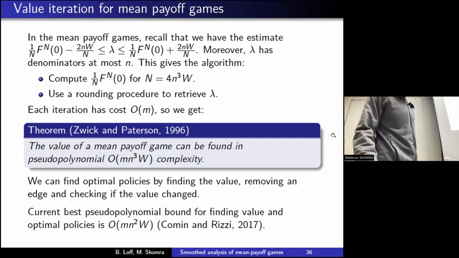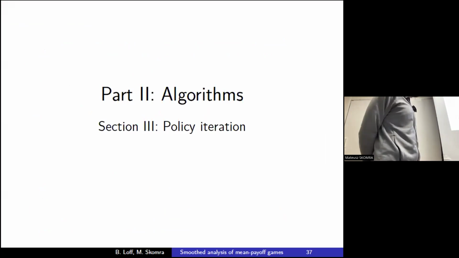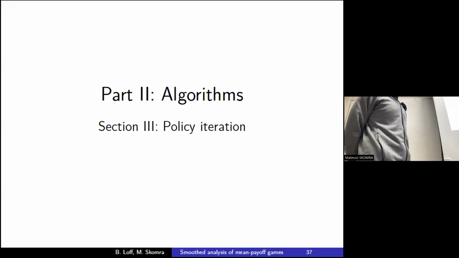Okay, so these are the two very basic algorithms suggested by the theorems. So let me also present you a third class of algorithms called the policy iteration algorithms. To be honest, when I say we have linear programming in the one player case, value iteration in the two player case, and policy iteration in the two player case, I am not covering all possible algorithms, but the vast majority of them.